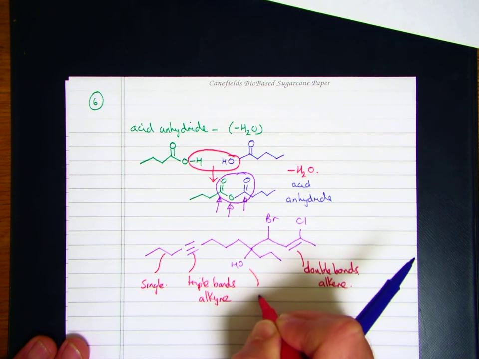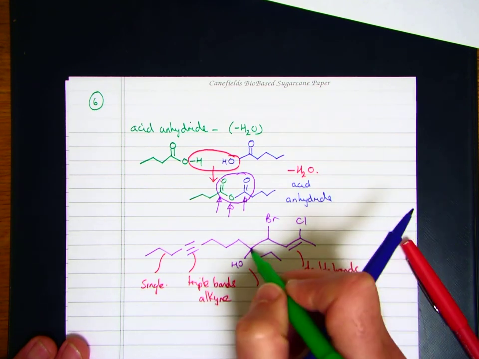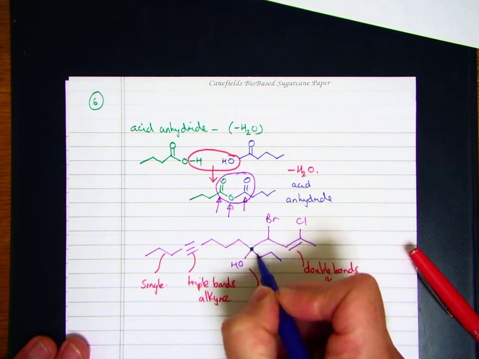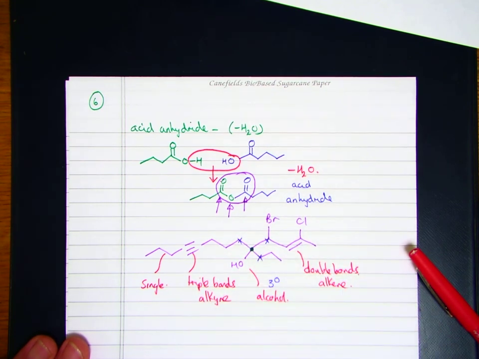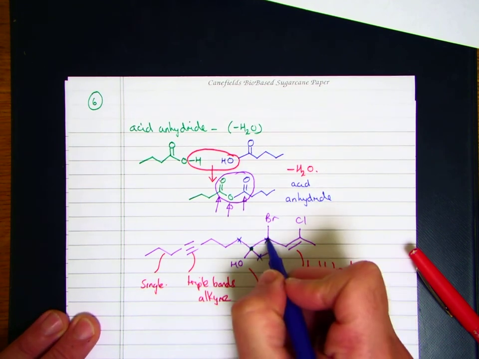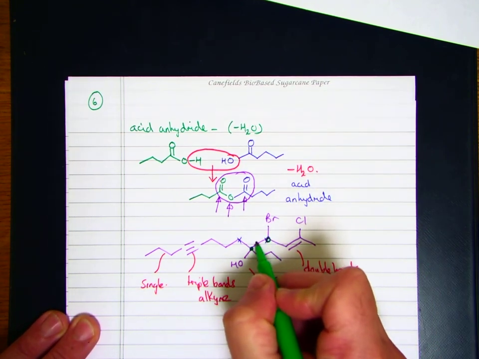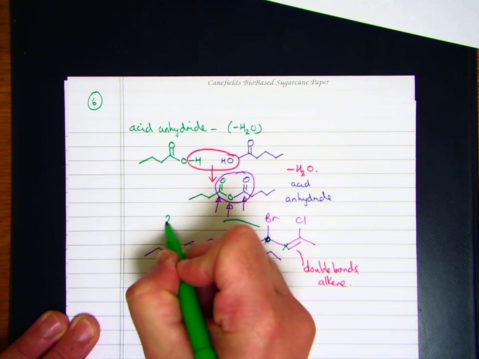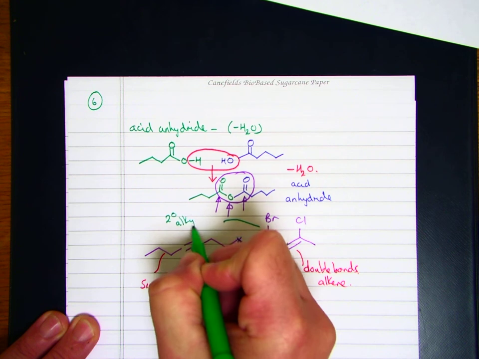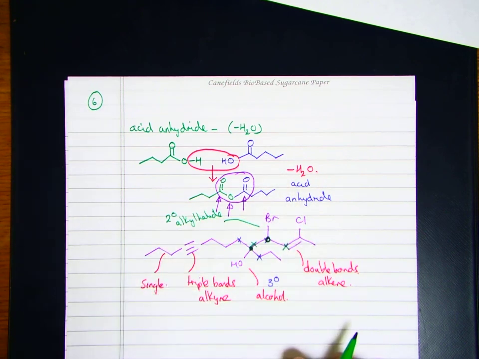Over here we have an alcohol. This carbon is attached to 1, 2, 3 carbons, so that's a tertiary alcohol. And if we look closely at this bromo group, it's got 1, 2 attached, so this is a secondary alkyl halide. There's a lot of information there just from simply looking at this molecule.